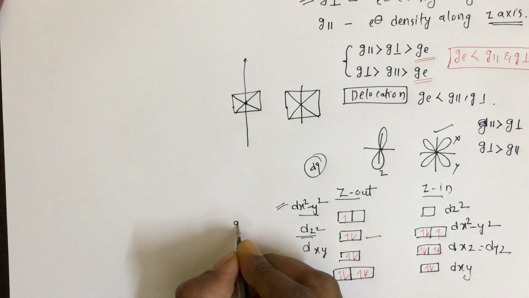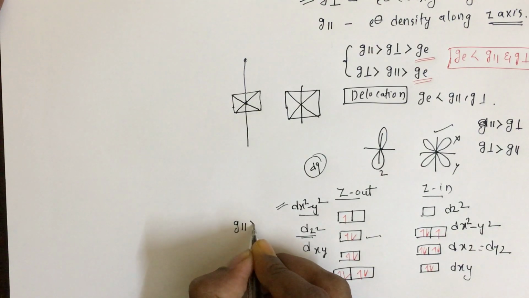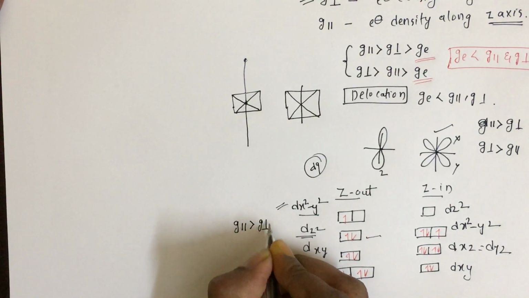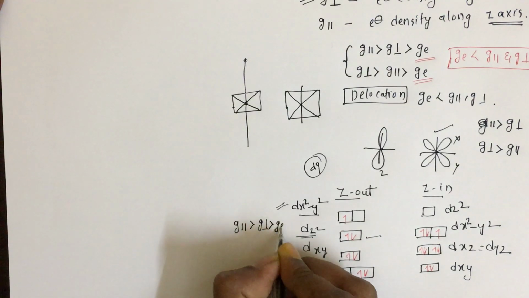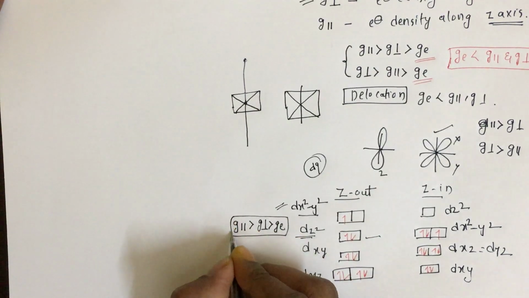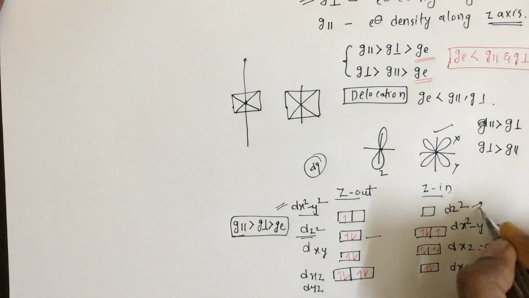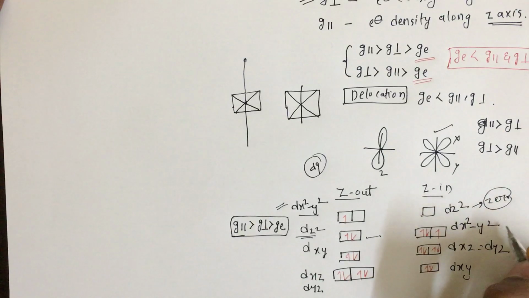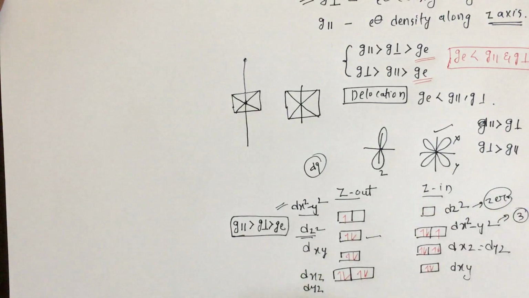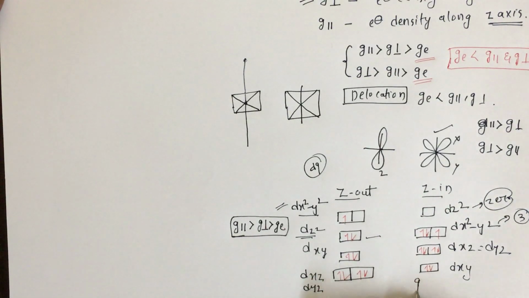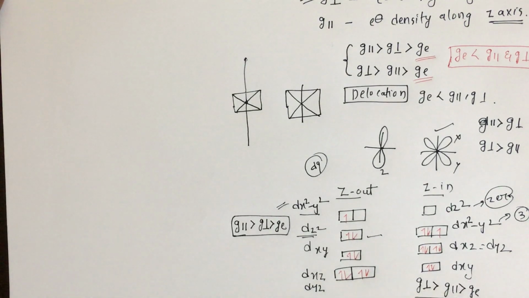So due to that, for Z out system, G parallel is greater than G perpendicular and then GE. Whereas for Z in system, here the number of electrons is 0, whereas here the number of electrons is 3. So in this case, G perpendicular is greater than G parallel, and this is greater than GE. So this is the G value relationship for Z out and Z in systems.